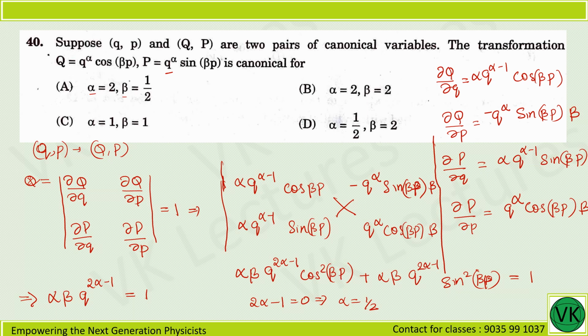And if alpha equal to 1 by 2, alpha beta equal to 1 means beta should be equal to 2. So alpha equal to 1 by 2, beta equal to 2. When you substitute alpha equal to 1 by 2 and beta equal to 2, you will get the right hand side equal to 1.